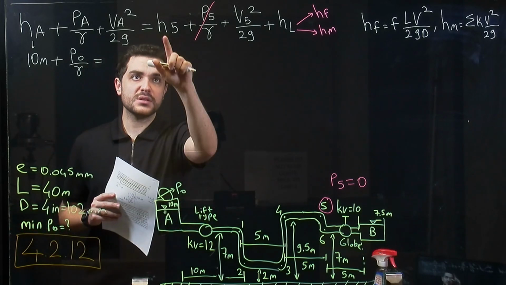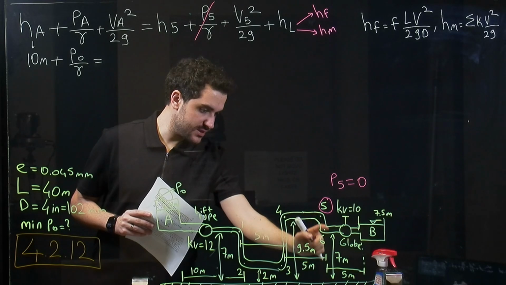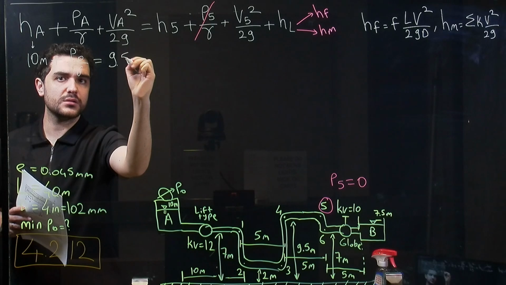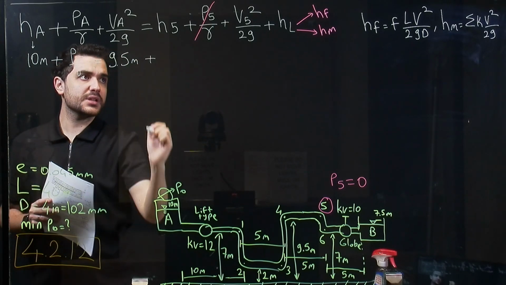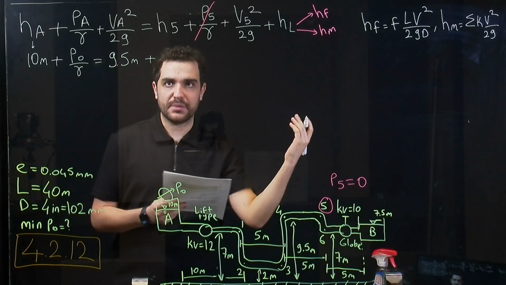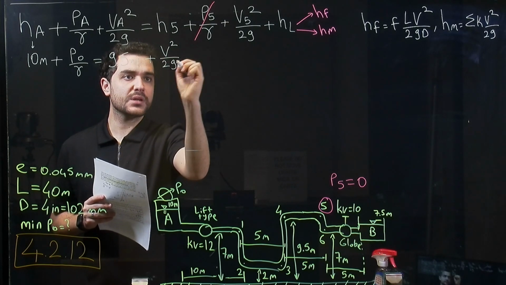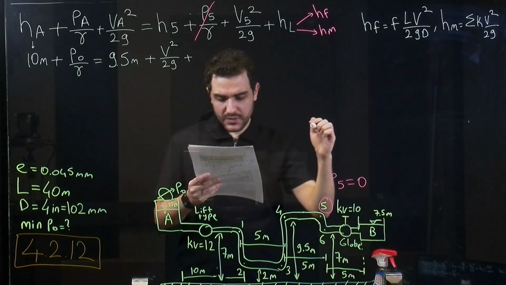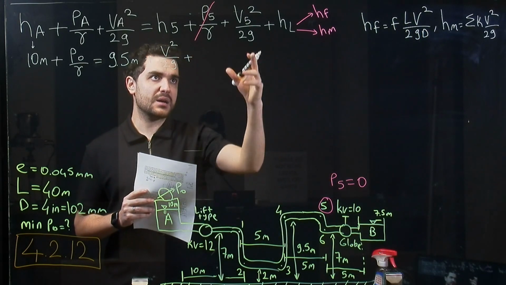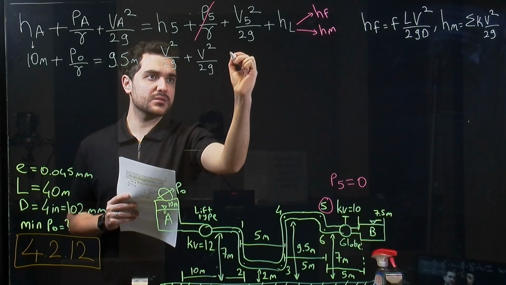This is equal to elevation at 0.5, which is here, and it will be 9.5 meters plus V5, or we can say the velocity of the pipeline, because it will be same, plus the V square over 2G is common between these head losses, so I can write like this one.